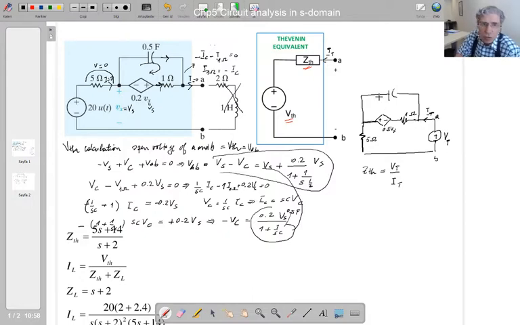So this is our capacitor current, that is resistor current, and that is this current. Now this voltage here is equal to Vx, isn't it?